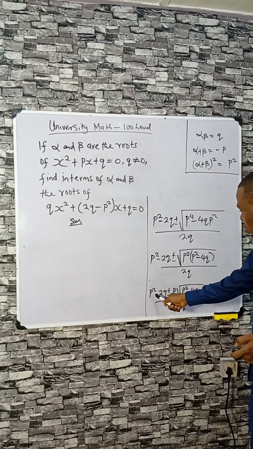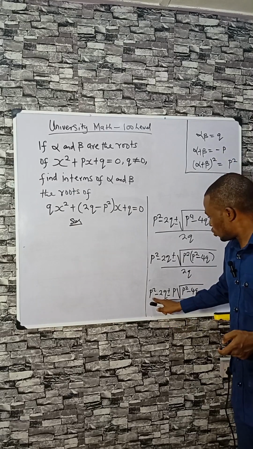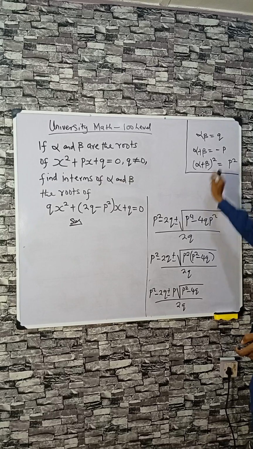We are here now. We can now go back to this place to substitute. p squared was alpha plus beta squared.